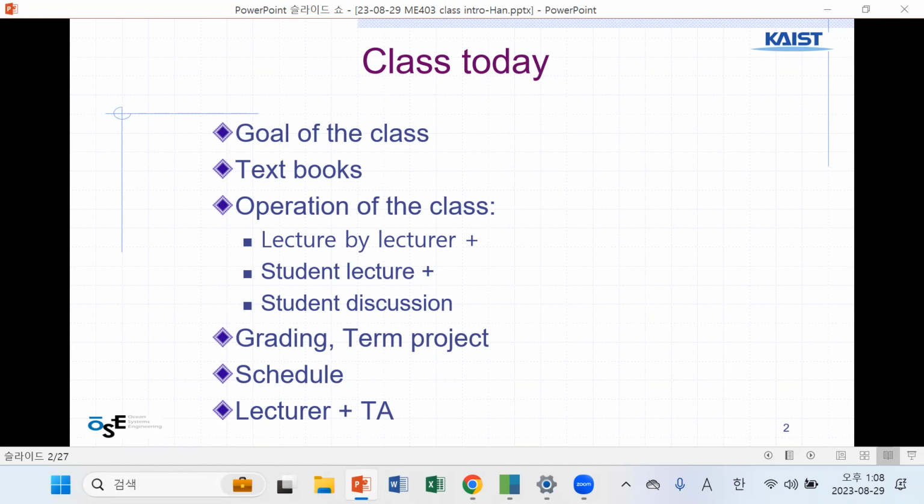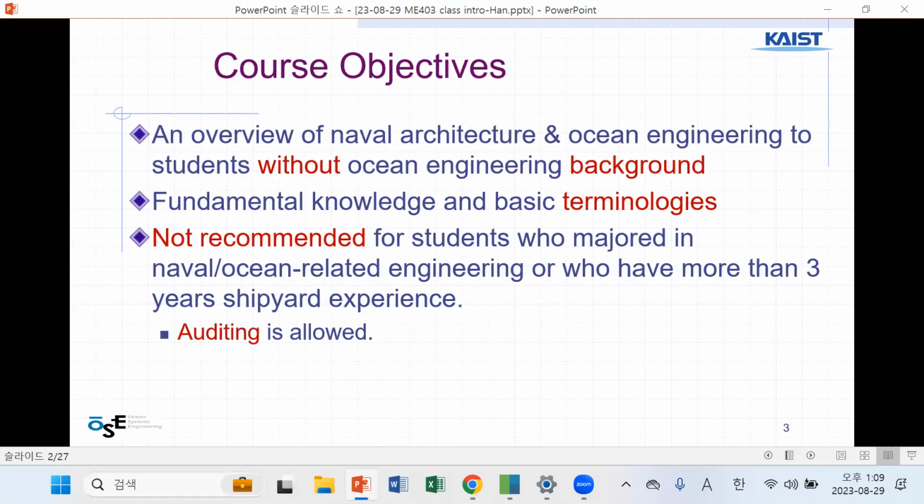That session is also led by one of you. So that is my operational mode of the class. And then grading and schedule, and then I will introduce myself and the TAs.